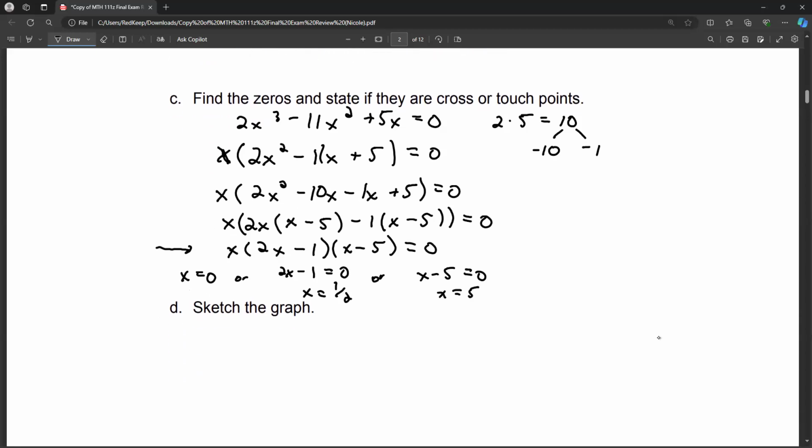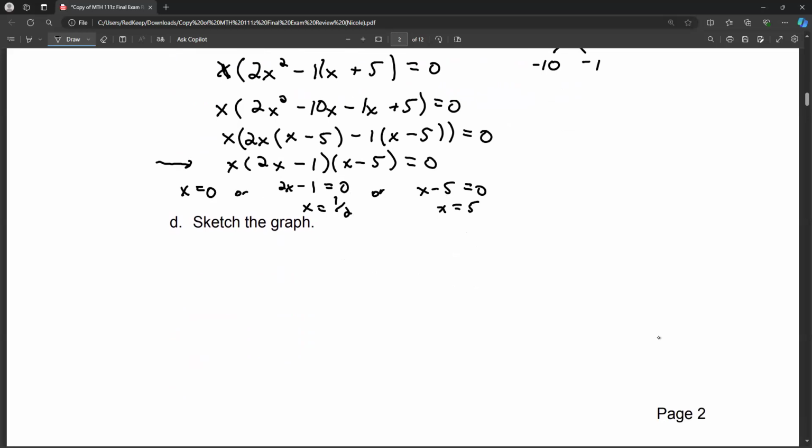Okay, next we are asked to sketch the graph of g of x. We'll use the information we have gathered for the first few parts for this. All right, let's start. I'll try my best to draw my x and y coordinate system, like so.